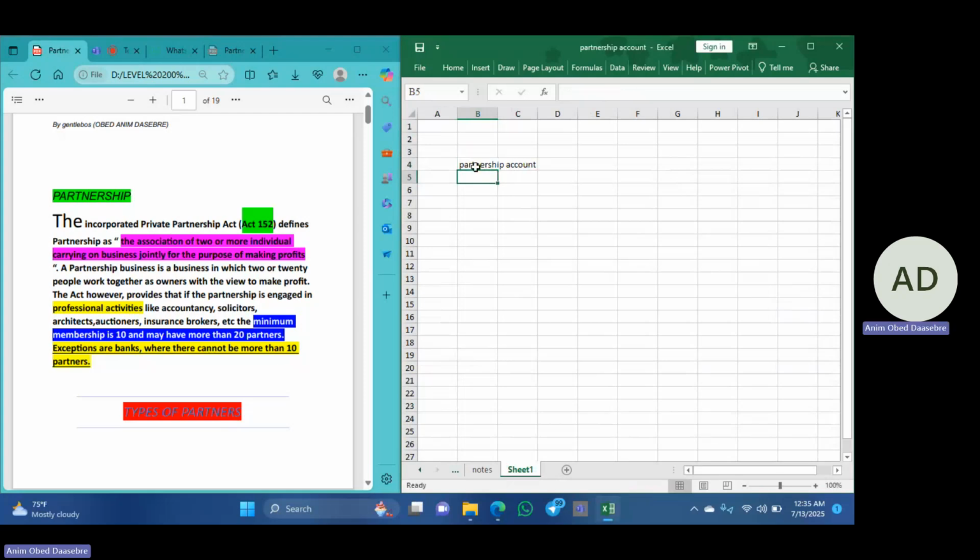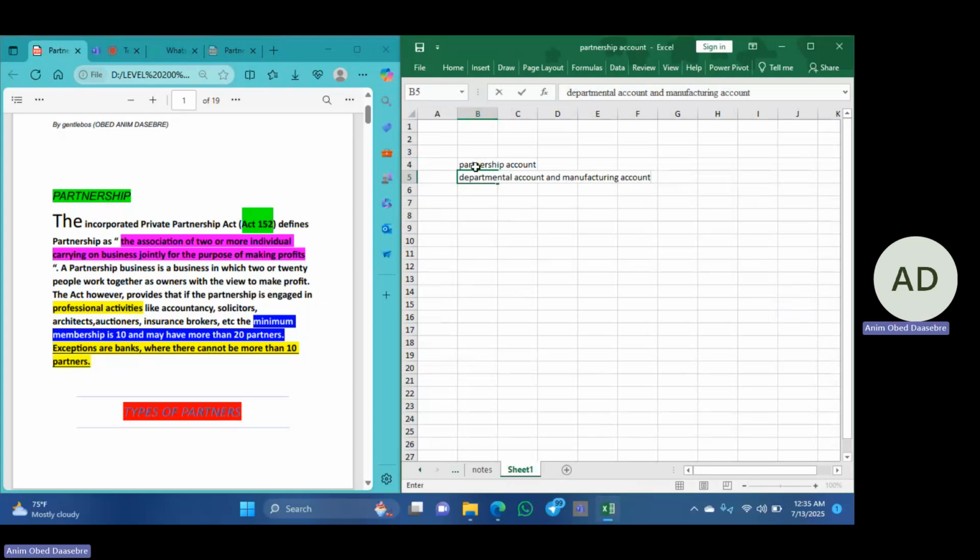From partnership accounts, we move on to departmental accounts and manufacturing accounts.